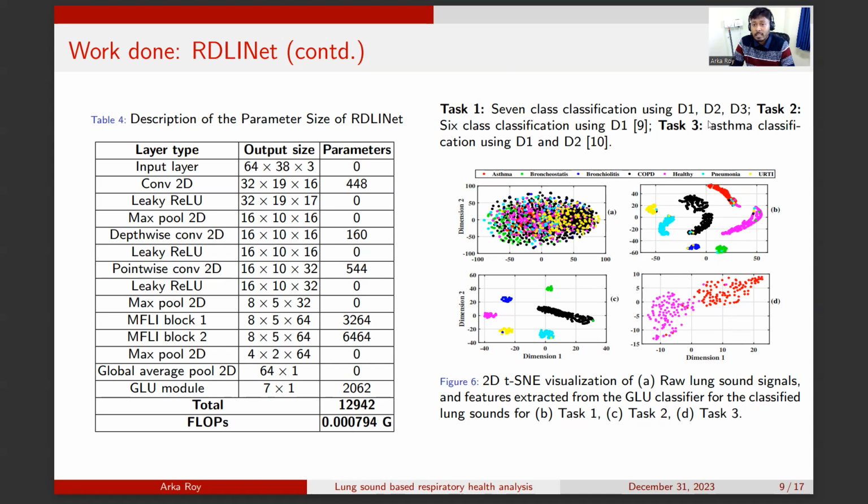One is the 7-class classification using all 3 databases, and to show that our model performs better than previously published work, we have also considered schemes like 6-class classification using only D1, and asthma classification using D1 and D2. In tasks 1, 2 and 3, we can see that after using the RDLI-net, all the classified signals have created very compact embeddings in the embedding space using a TSNE plot. Here also we can see that embeddings are quite compact in nature.